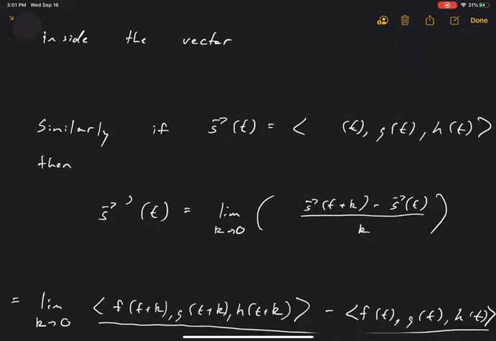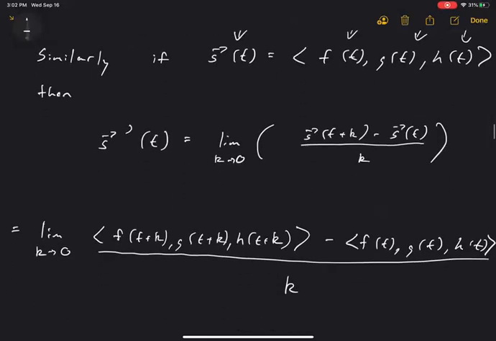And the derivative is going to function the exact same way. So let's say we have a vector valued function s(t), and again it's got components f, g, and h. Let's consider the derivative of s(t).